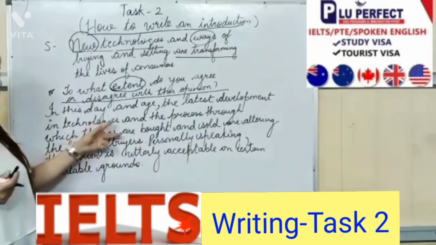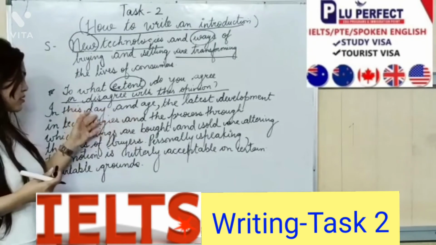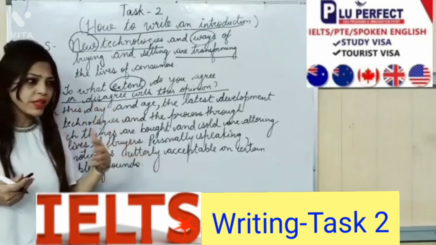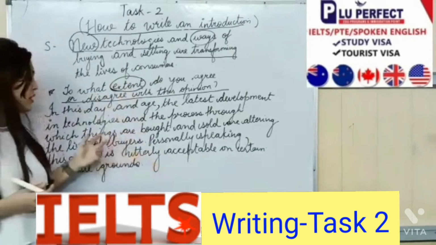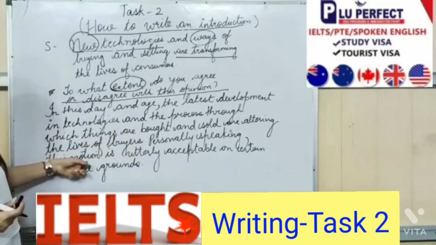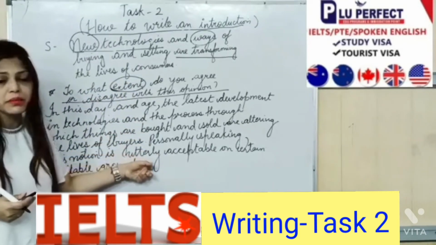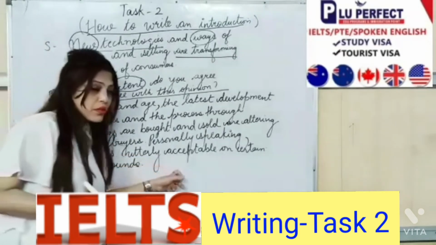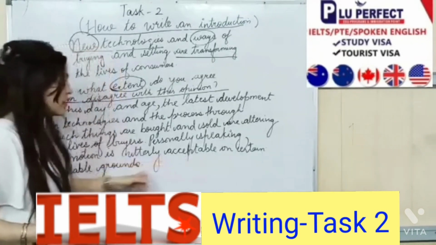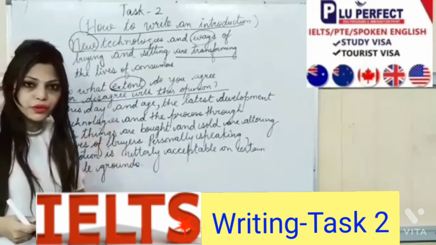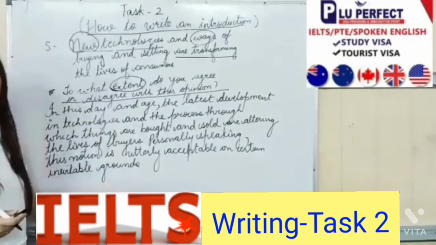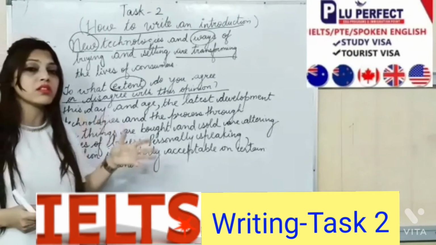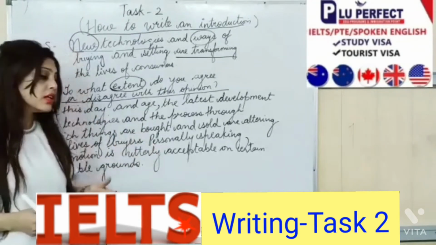This notion, which notion? The notion that due to technology and ways of buying and selling, things are transforming. This notion is utterly, means completely acceptable on certain, means whatever points you're going to discuss, you can write that, on certain inevitable grounds. Inevitable means something that you cannot deny.